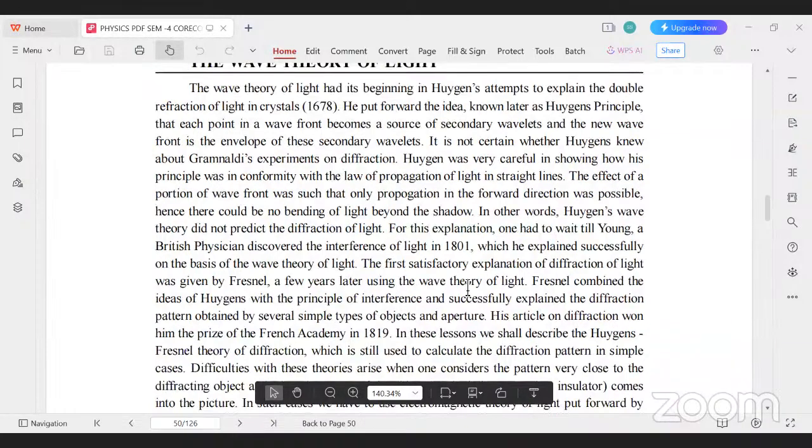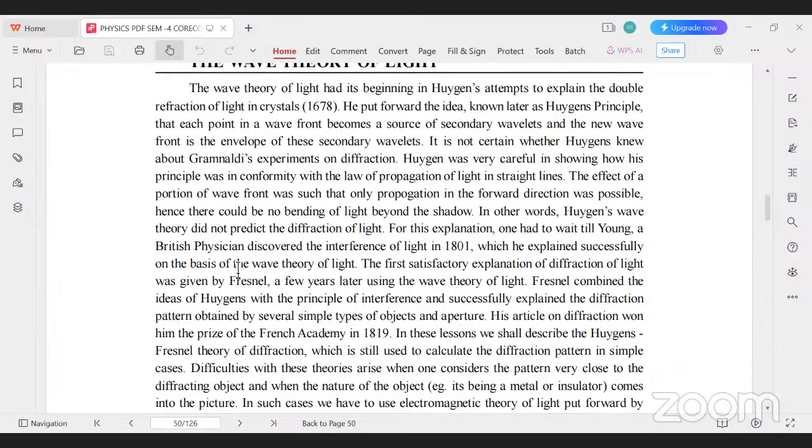The first satisfactory explanation of diffraction of light was given by Fresnel. Fresnel and Fraunhofer gave very good explanations of the diffraction of light.